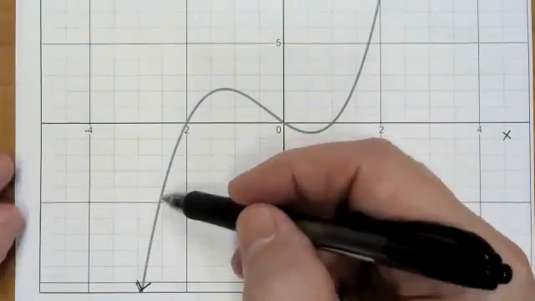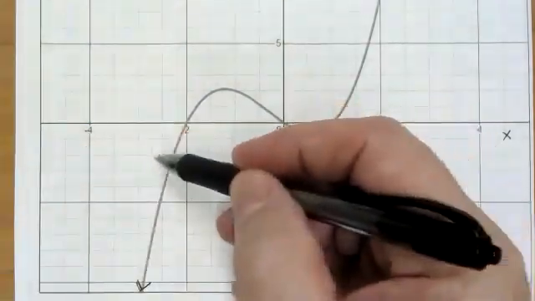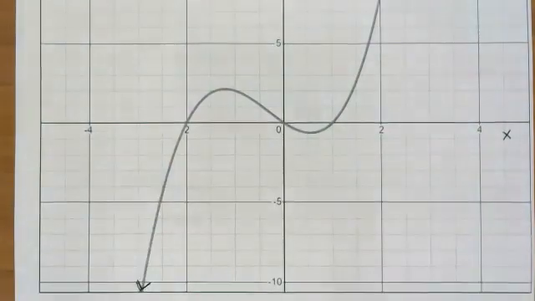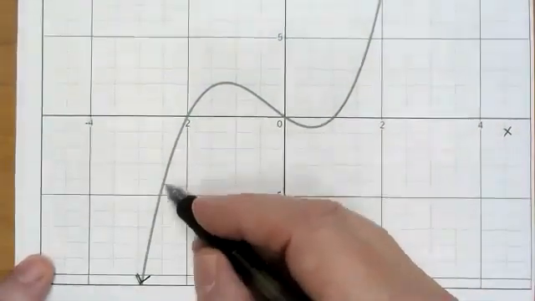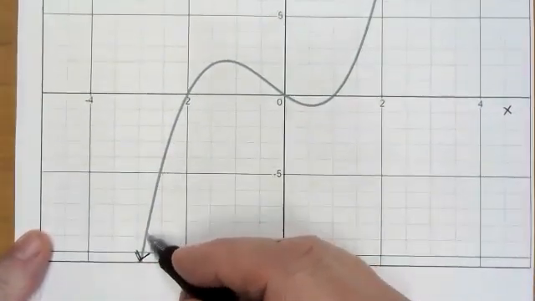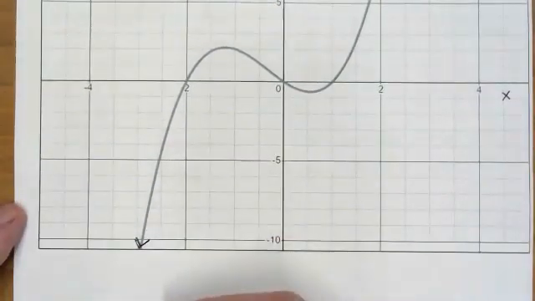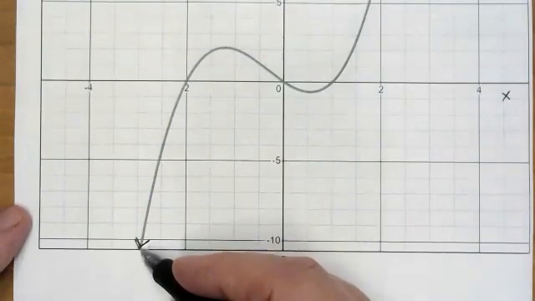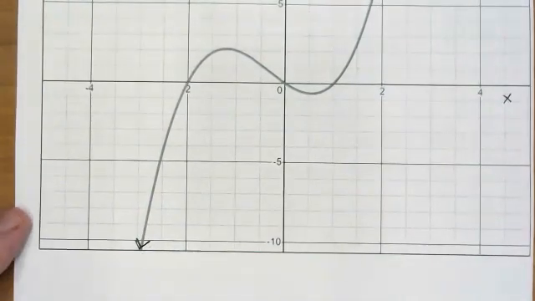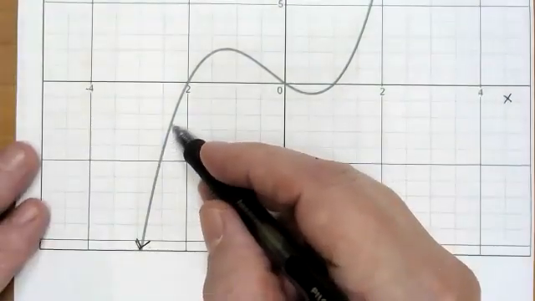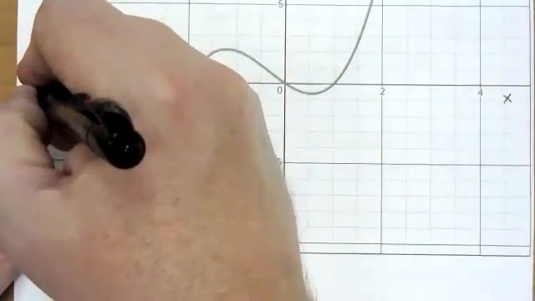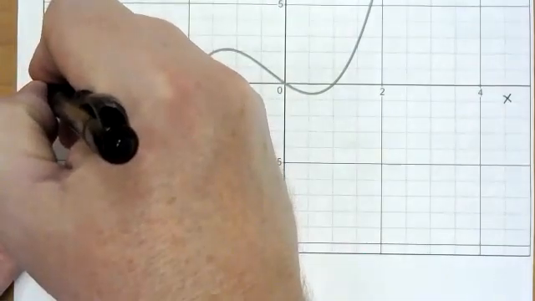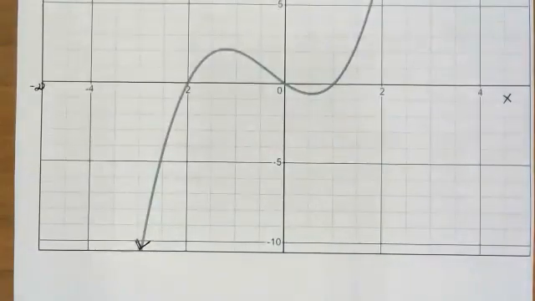How far does this graph go to the left? Well, even though this is going down pretty sharp, it's still also moving to the left. And since this goes on forever and ever, theoretically, how far to the left does this graph go? Well, theoretically, you would say it actually goes out to negative infinity.